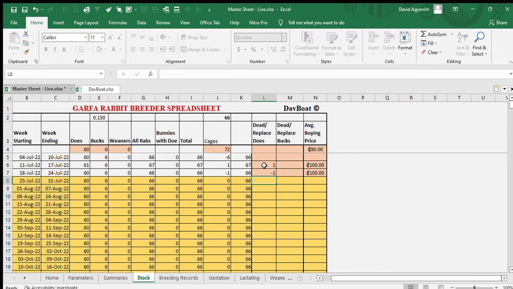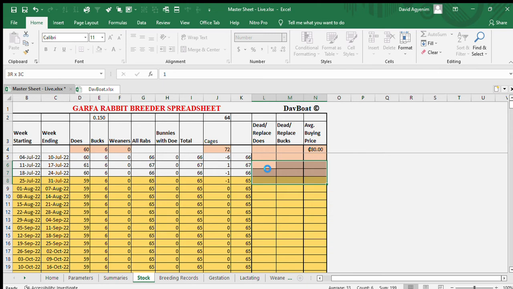If you are selling, you put a negative figure here and you put the price that you sold it for here. If it dies, it means you are not getting any amount from it, so you don't put any figure here, or you put 0, because you lost it through sickness or theft and you are not getting any revenue from it. But if you are selling it, and it's negative, then you have to add the price that you sold it for.